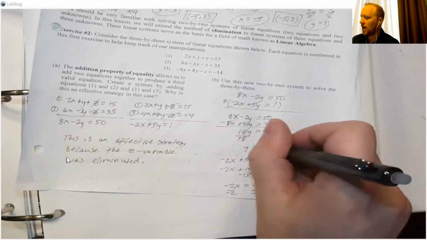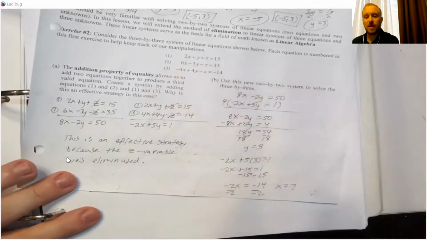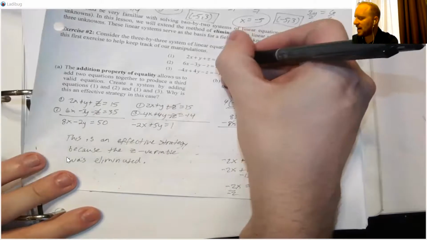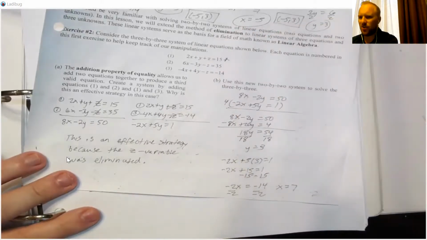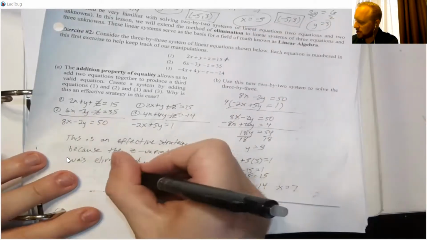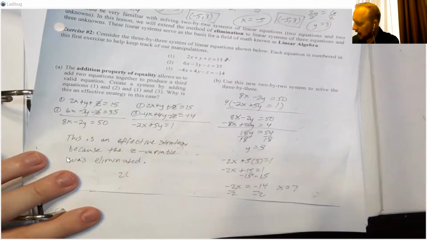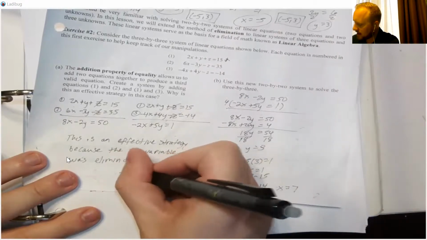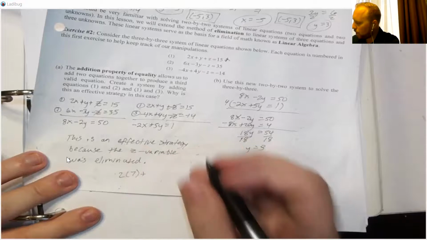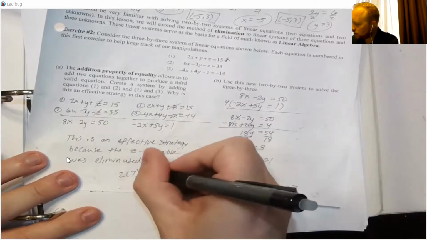Okay. So we now have our x. We have our x. We have our y. Now we got to get our z. And that is the easy part. We pick one of these top ones over here. It doesn't matter which one. I'm going to pick this guy here because generally they're small numbers. So I'm going to take 2x, 2 times x being 7, plus y is 3.